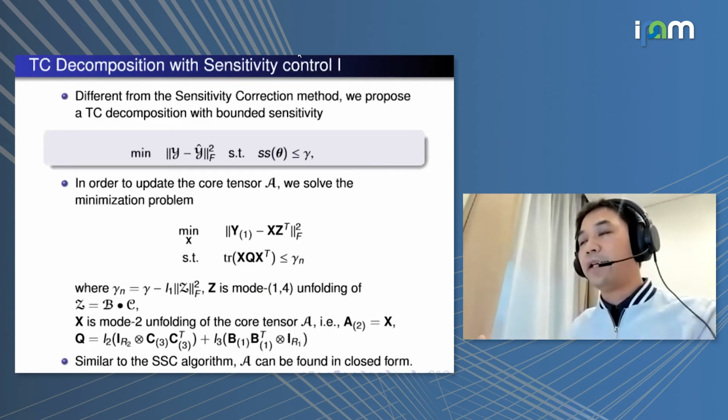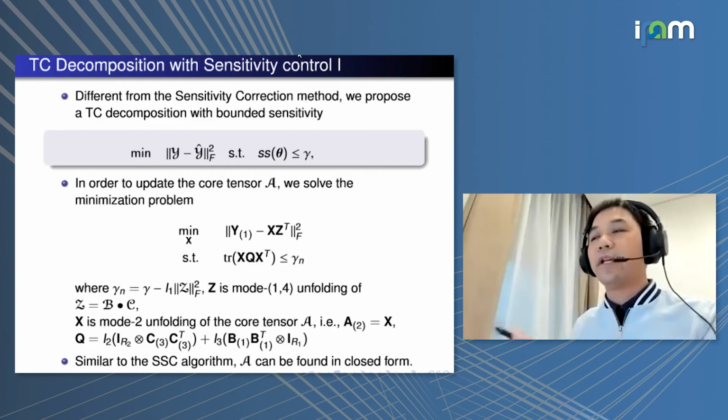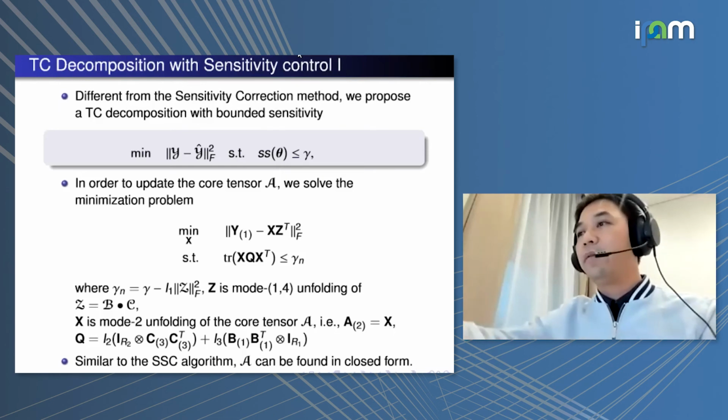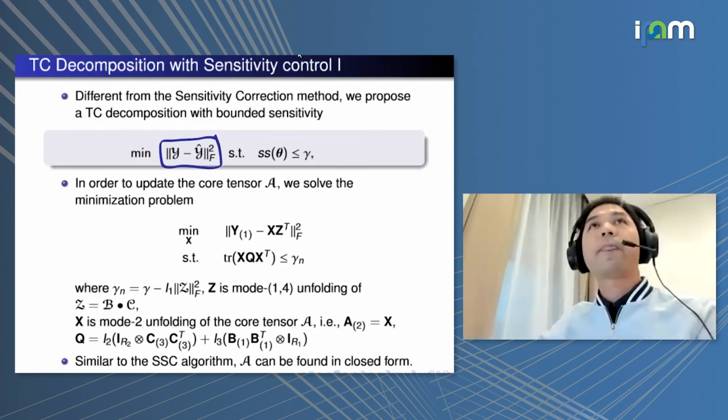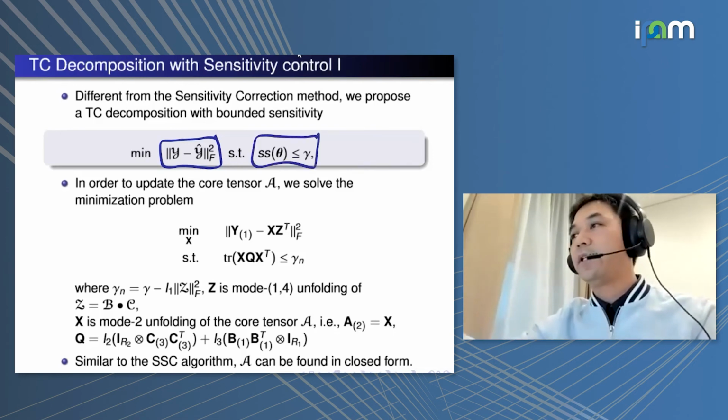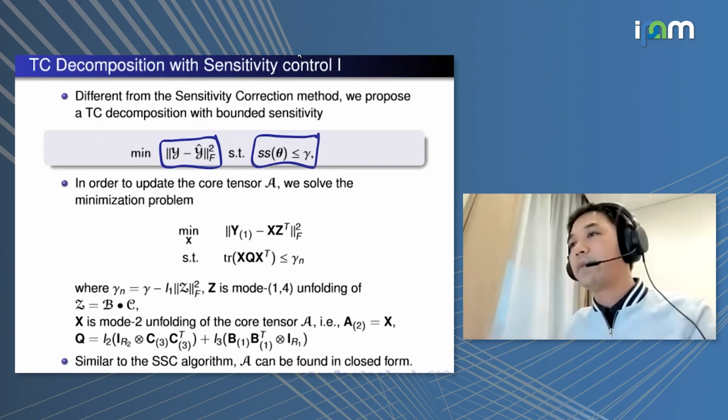Another approach is that we control the sensitivity. Instead of using ALS, where the sensitivity goes very quickly to a very high number, we decompose the data, find the y-hat in the form of the tensor chain, but we keep the sensitivity bounded by some gamma here.